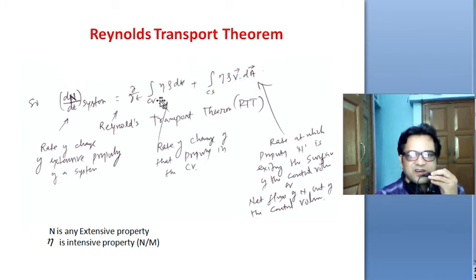So the Reynolds transport theorem tells that the rate of change of any extensive property for a system is the rate of change of that property in the control volume, because you see eta is the extensive property per unit mass and rho dV is mass. So extensive property per unit mass times mass will be the extensive property.